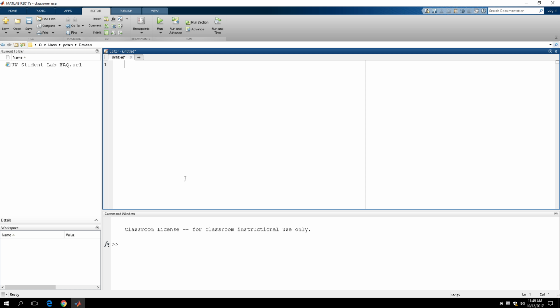So let me write a comment. Solve the following problem using steepest descent, right? And then the first thing I'm gonna do is to actually construct the matrices that I'm gonna need, right? So A matrix, its first row is 1 1, right?